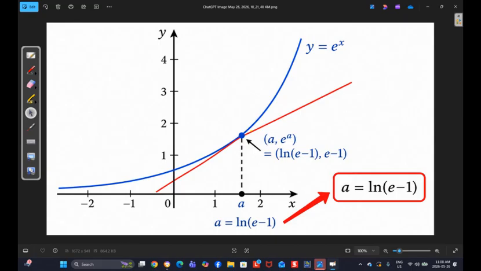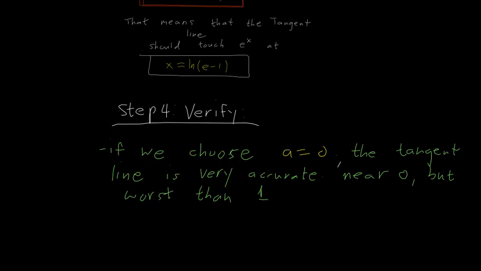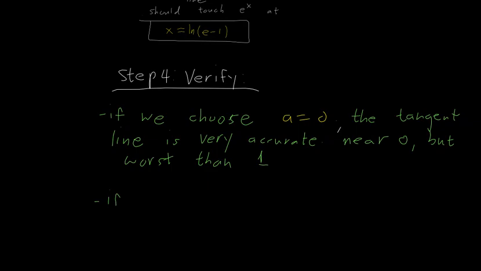Now, if we choose a equals 1, the tangent line is very accurate near 1.